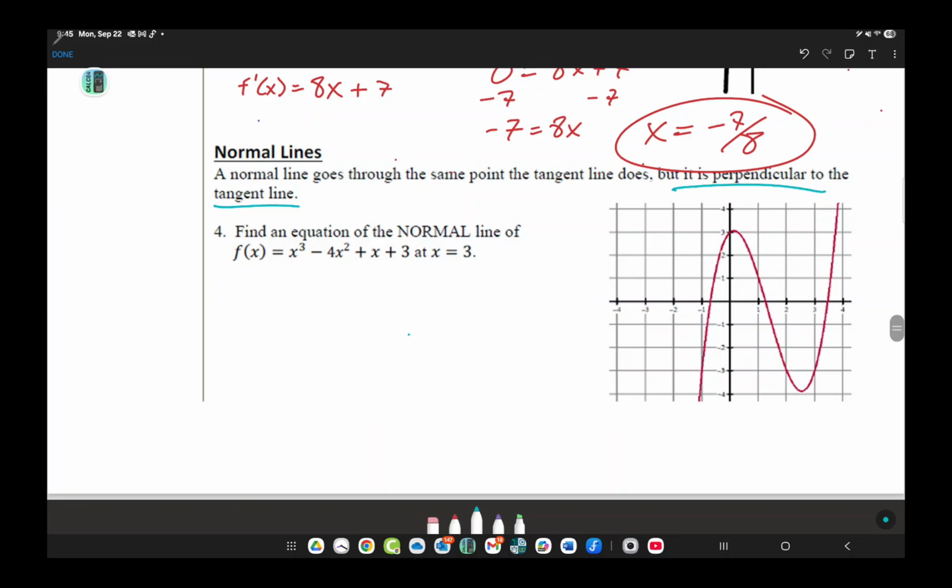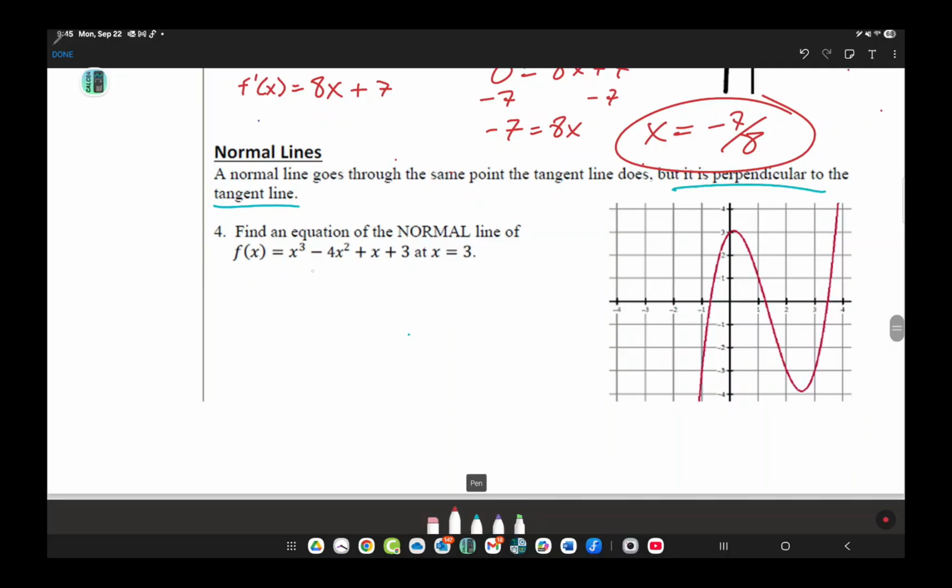So what we want to do is find the tangent line. And then, do you guys remember how to find perpendicular slopes? Yeah, negative reciprocal. Or opposite reciprocal, some people like to call it, where you flip the fraction, change the sign.